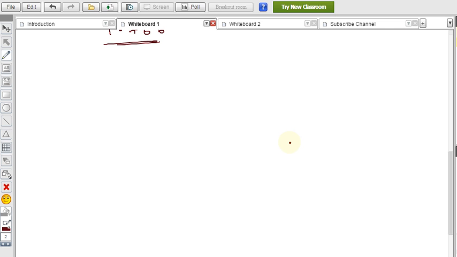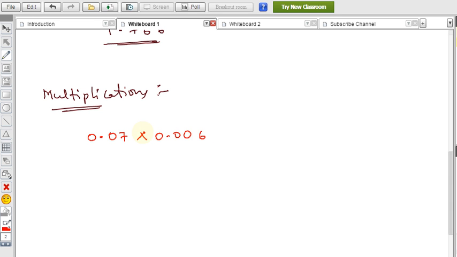So the same concept we can use for multiplication. Now, how to do multiplication of decimal numbers? I'll take one example: 0.07 into 0.006.